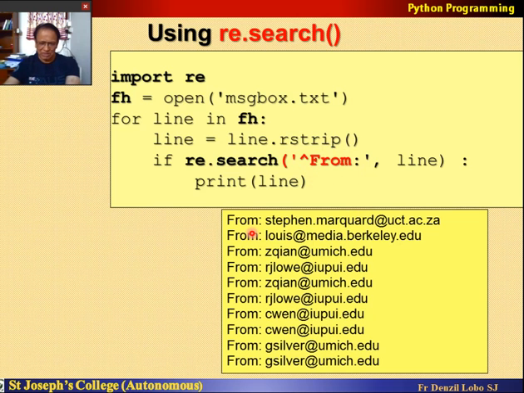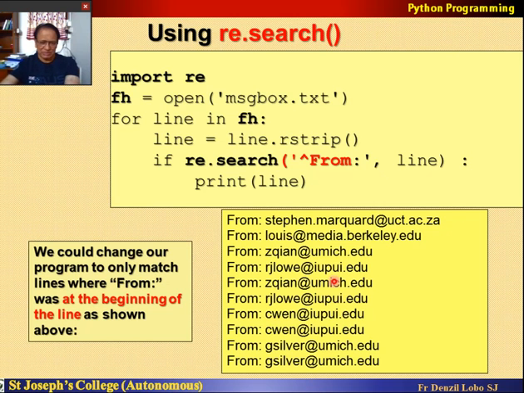As you see, only the lines with From are printed from the data which is present in that message box text. So we could change our program to only match lines where From was at the beginning of the line, as shown above. Here we have used just one symbol in this regular expression that makes a big difference in your search pattern.